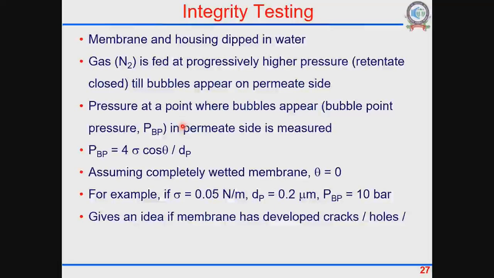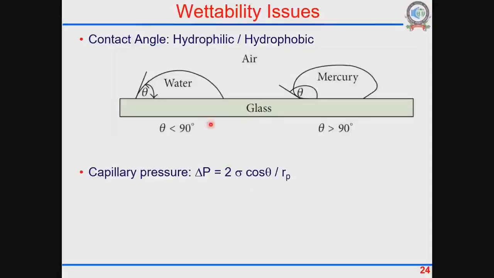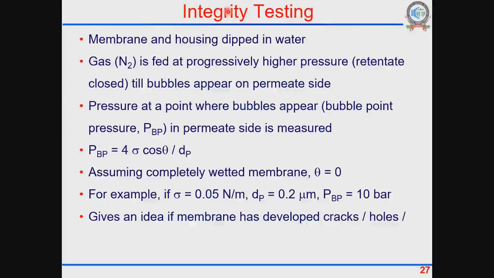This concept of breakthrough pressure can also be used for testing the integrity of the membrane. So, for example, imagine that a membrane is dipped in water. There is a housing which is holding the membrane that is dipped in water. Now, what we can do is feed nitrogen gas through the membrane from the feed side, keep the retentate closed, and note down the pressure at which bubbles of nitrogen appear on the permeate side.